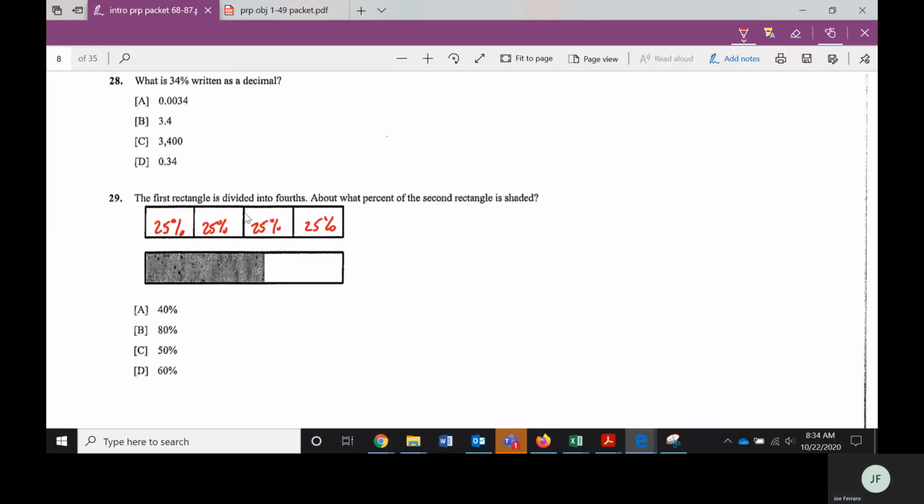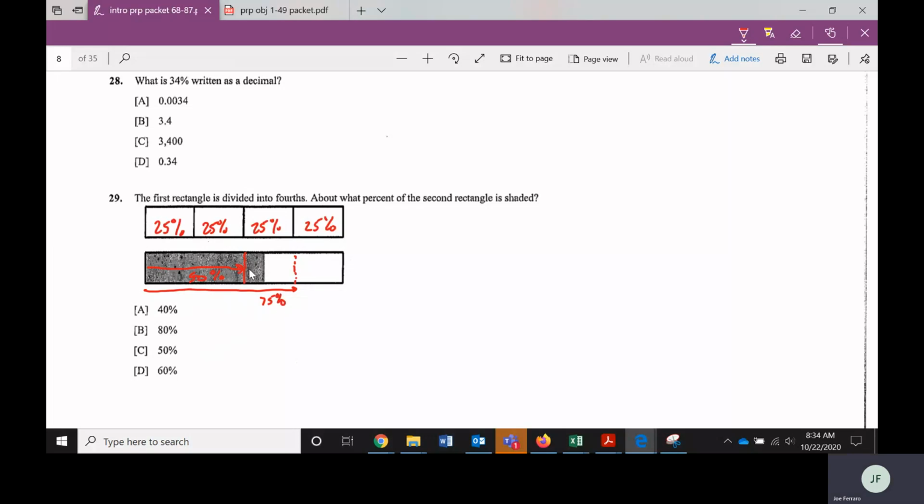So this line right here, we have 25 and 25. So this up to this line, that's 50%. Now this line out to here is another 25%. So from here all the way to here is 75%.